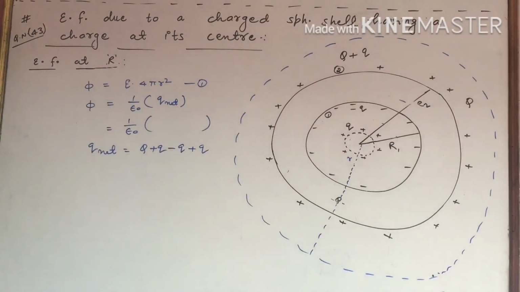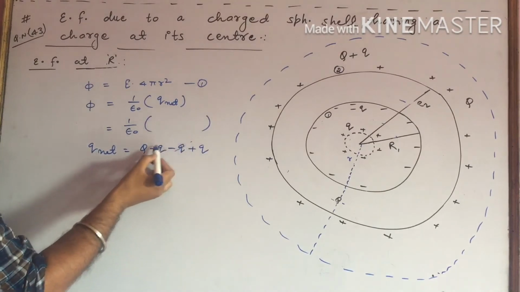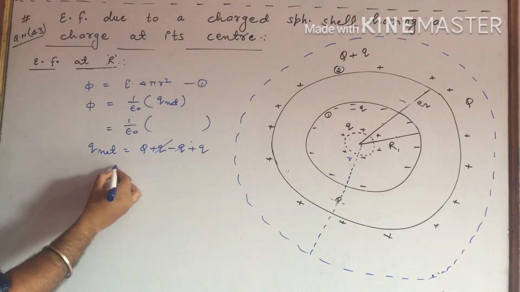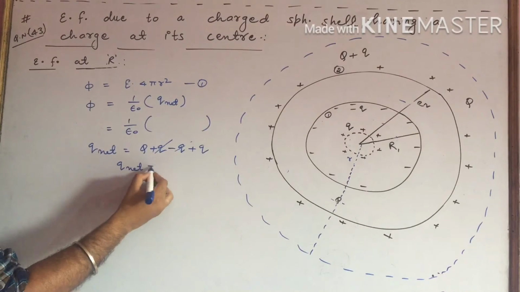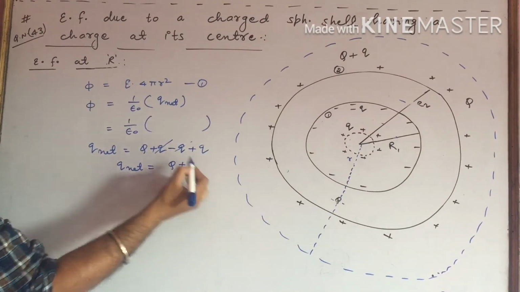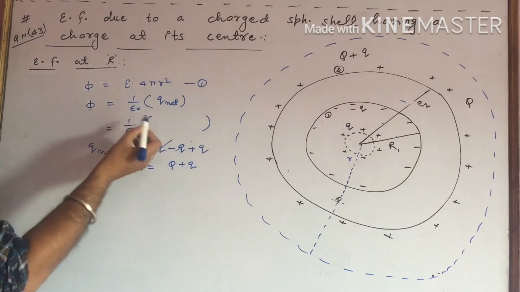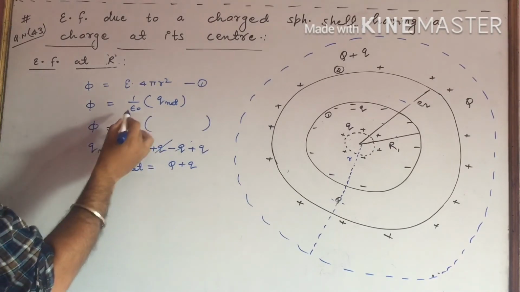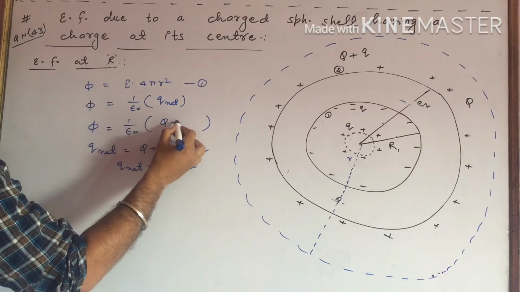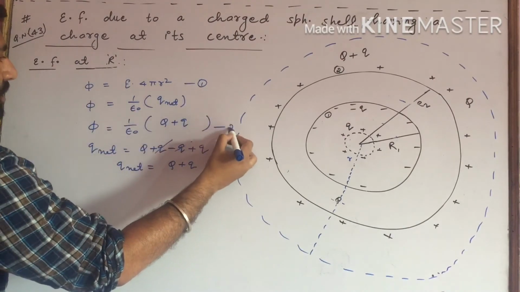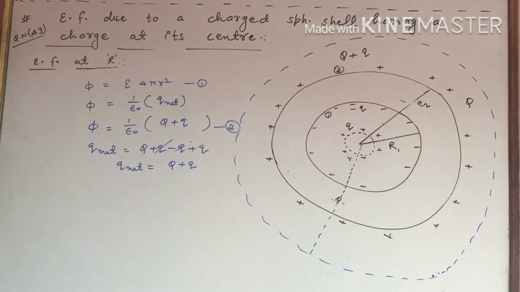So now you calculate the net charge. This q and q will cancel out and the net charge becomes capital Q plus small q. So now the flux will be written as 1 upon epsilon naught times capital Q plus small q. This is equation number 2.